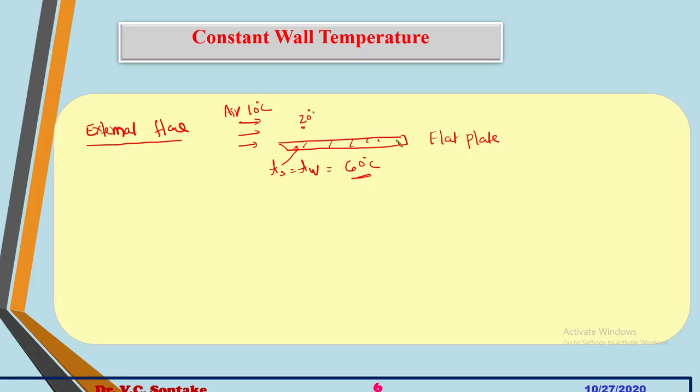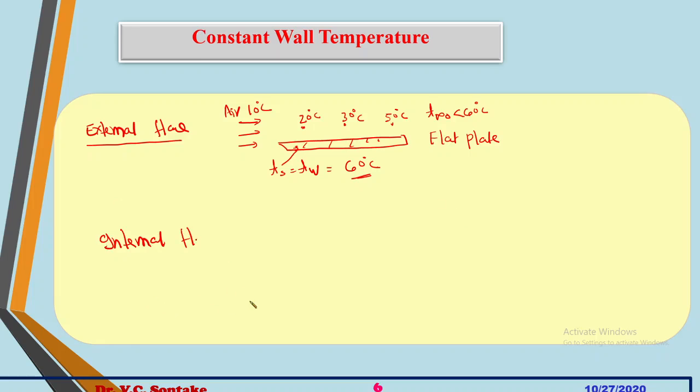So let's say at this point temperature is 20 degrees Celsius, at this point it is 30 degrees Celsius, and at this point it is 50 degrees Celsius. And when it will come out, T infinity of this air will be less than 60 degrees Celsius. Means outgoing temperature of air will always be less than the wall or surface temperature of the flat plate. This is the meaning of constant wall temperature in case of external flow.